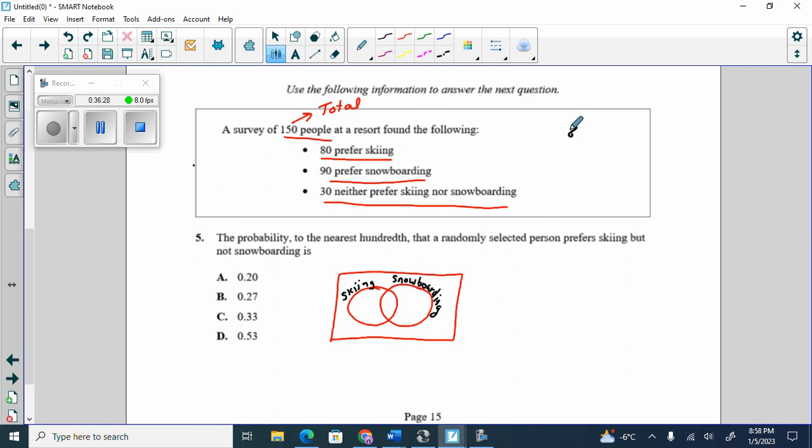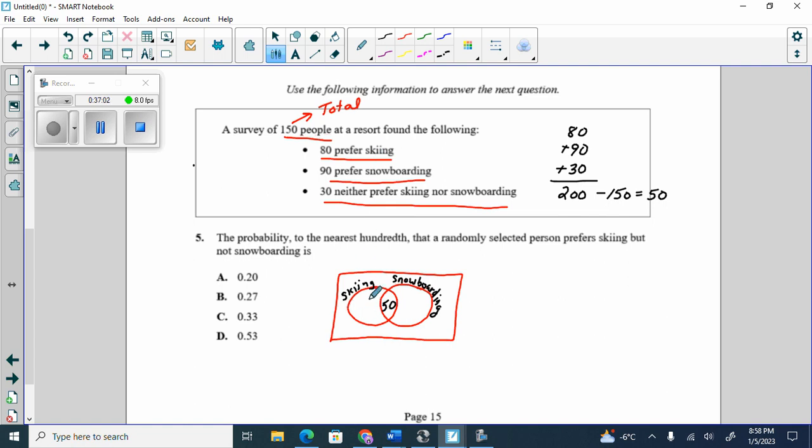So if we go 80, people who like skiing, and we add to it the people who like snowboarding, and we add to that the people who like neither. People putting tickets into a hat, remember? That gets us a total of 200. However, we only have 150 participating. So if I subtract the 150, I get 50 people who put in tickets for skiing and snowboarding. So I put a 50 in here.